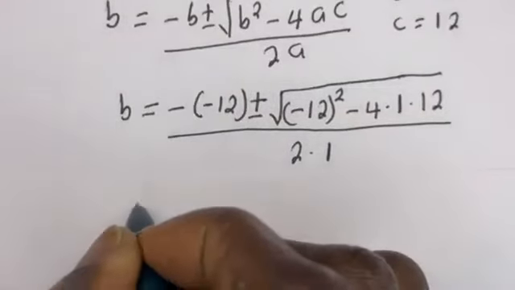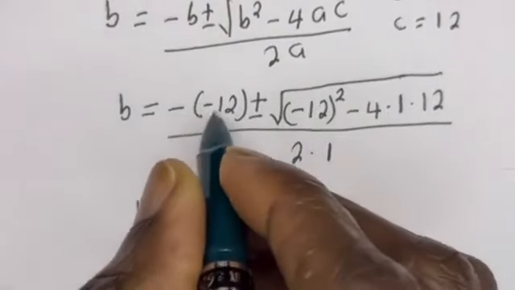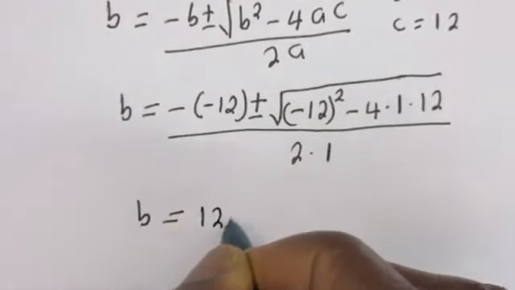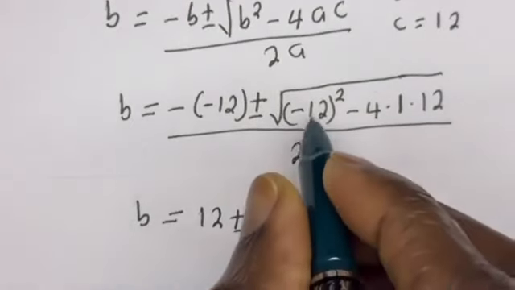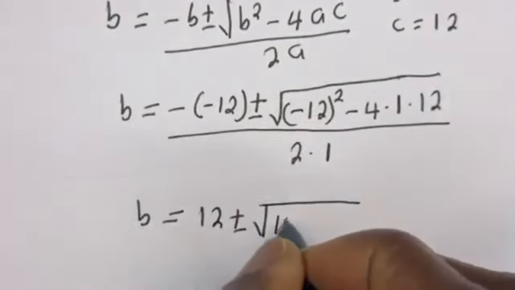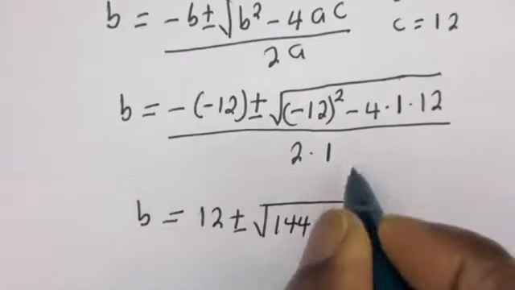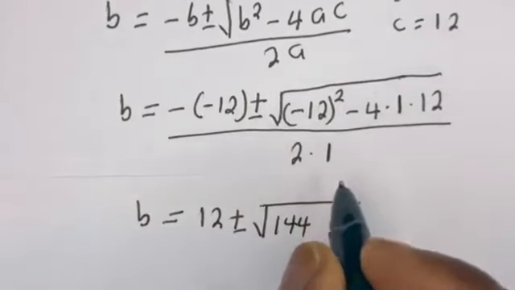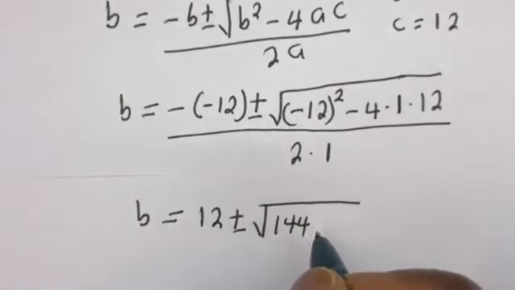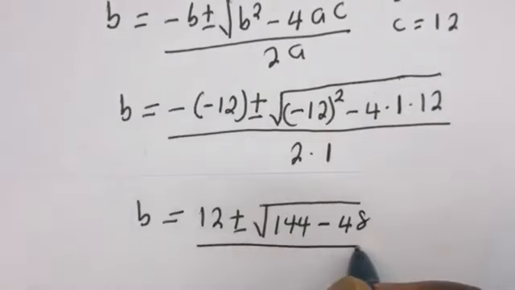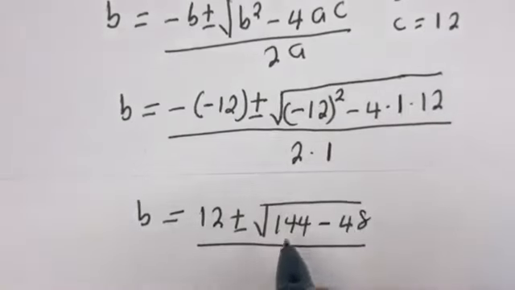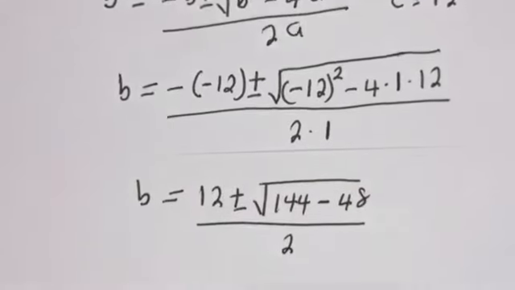Then from here, B is equal to minus times minus 12, that is 12, plus or minus square root of minus 12 squared, that is 144, minus 4 times 1 times 12, that is 48, divided by 2 multiplied by 1, that is 2.